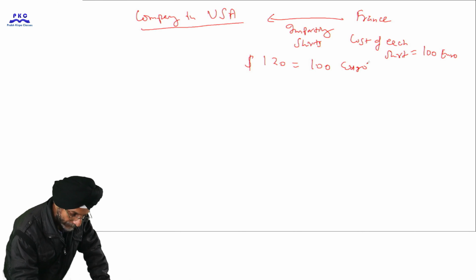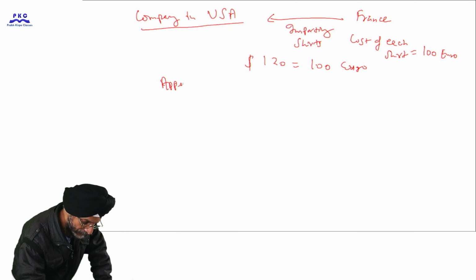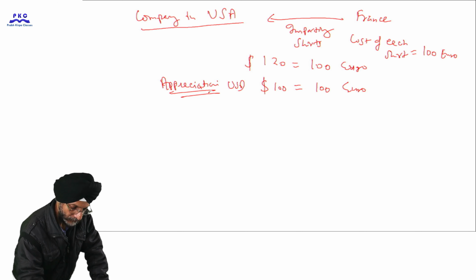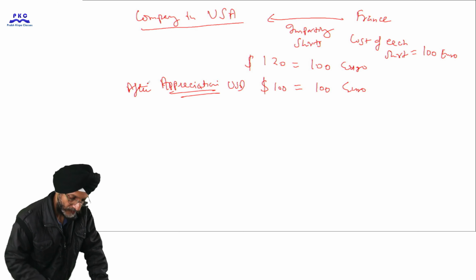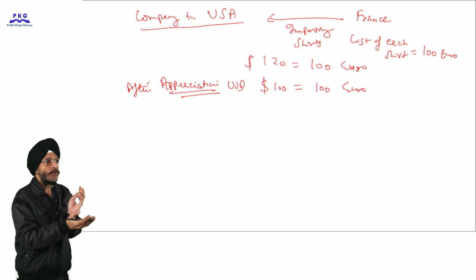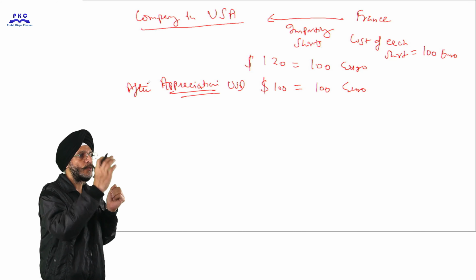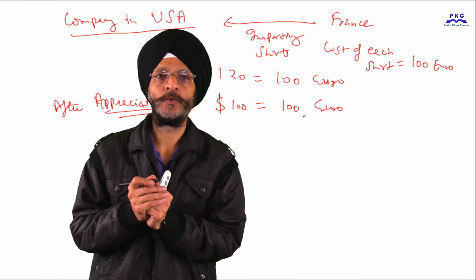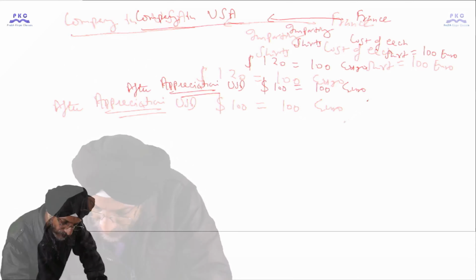Suppose there is appreciation in the currency of US dollar and 100 US dollars become equal to 100 euro after appreciation. Earlier $120 were equal to 100 euro, but the domestic currency of USA, that is US dollars, has appreciated. So 100 US dollars have become equal to 100 euro. Now what is the cost of shirt?